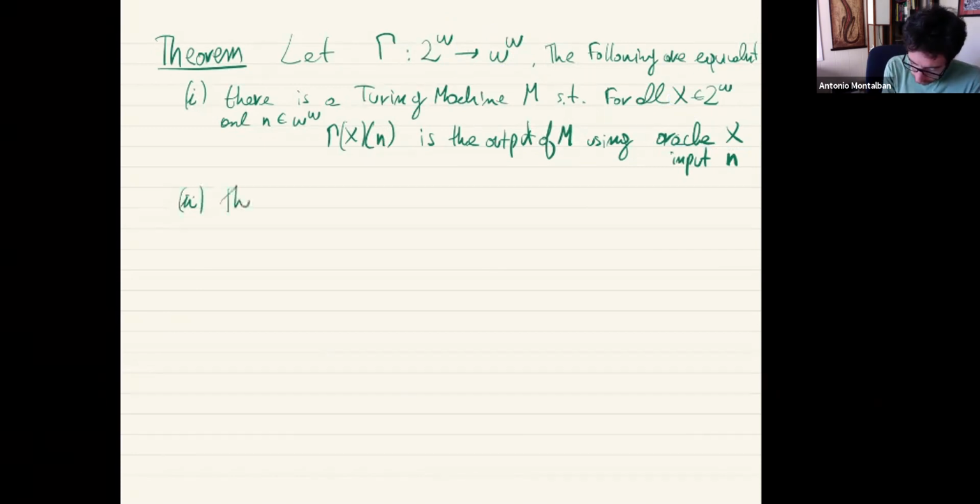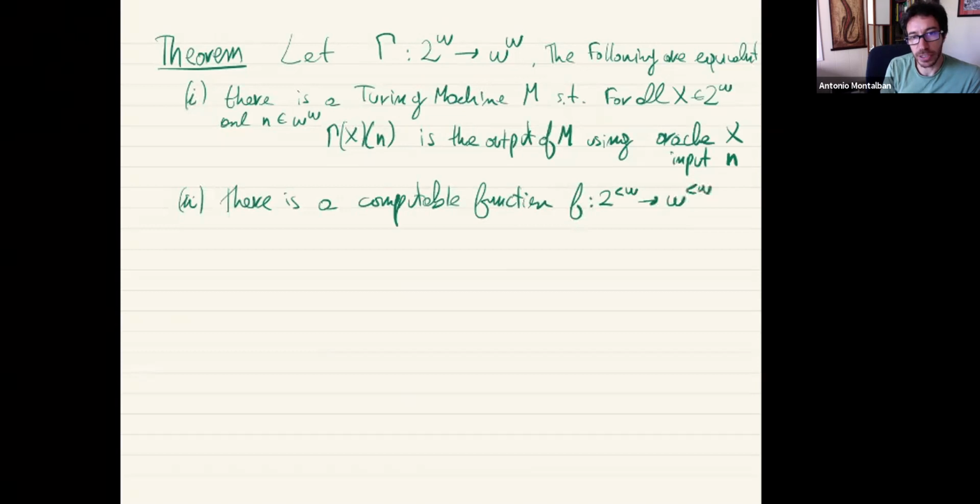there is a computable function f from 2 to the less than omega to omega to the less than omega.